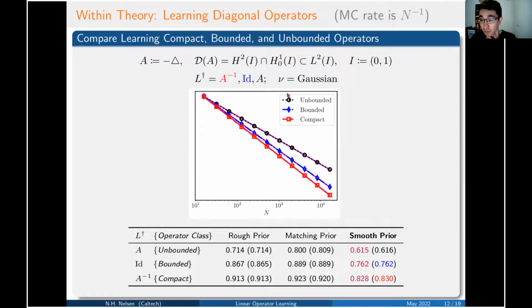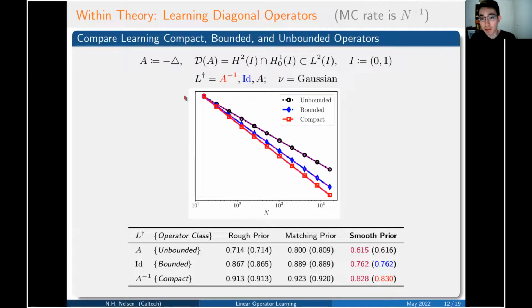So under Gaussian data, which is what this experiment is conducted with, let me draw the attention to this plot here, which is the main takeaway. So on the vertical axis, we're showing the test error on a log scale. And on the horizontal axis, I'm showing the sample size, the number of training pairs.